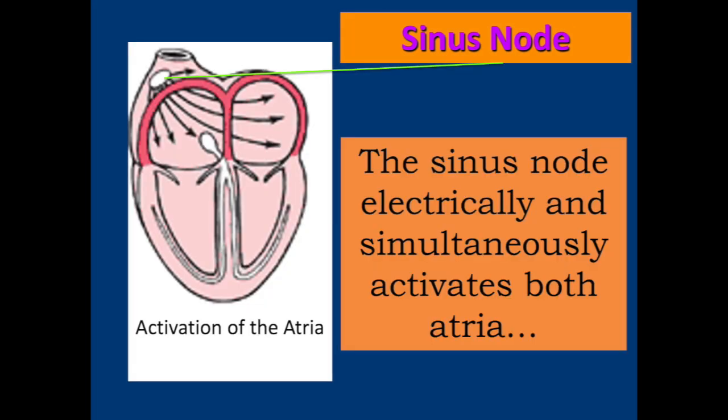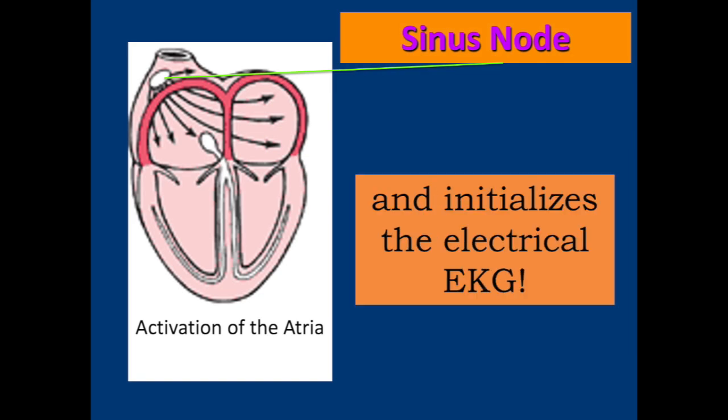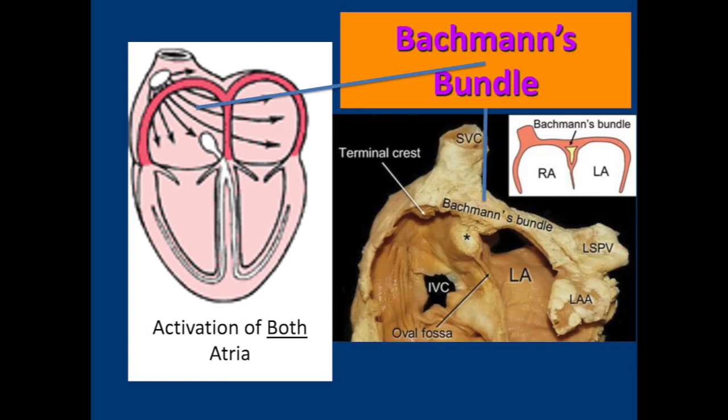So what's going to happen is that once the sinus node sends out the electrical activity, we're going to simultaneously stimulate both atria at the identical same time. And we're going to initiate that electrical signal and have those two atria cause that atrial kick that we talked about earlier. That conduction pathway is called Bachmann's bundle.